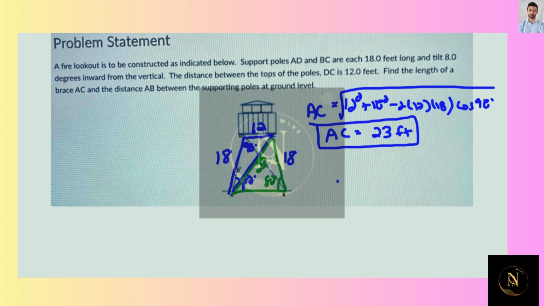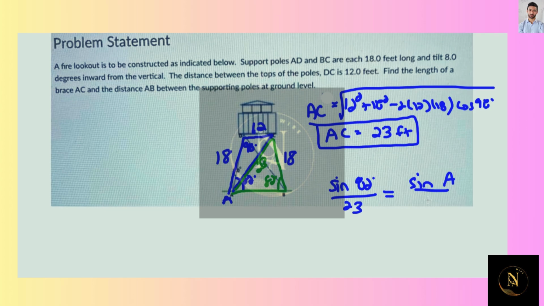We could say that the sine of 82 degrees over its opposite side, 23, is in proportion to the sine of, I'm going to call it angle A down here, over B.